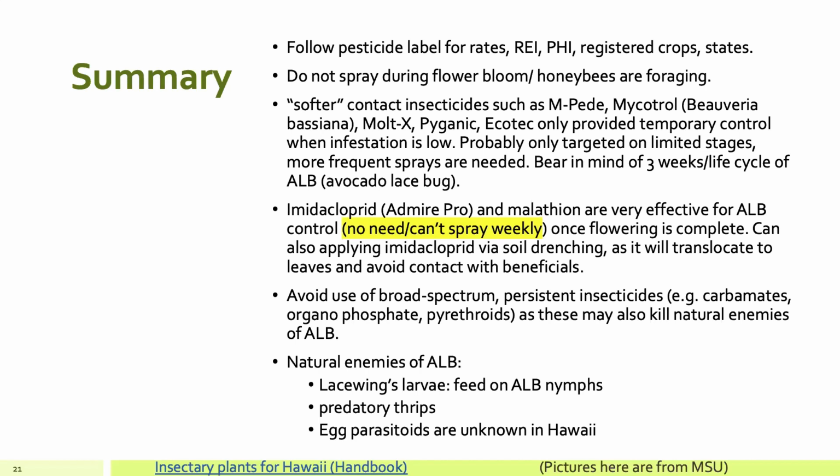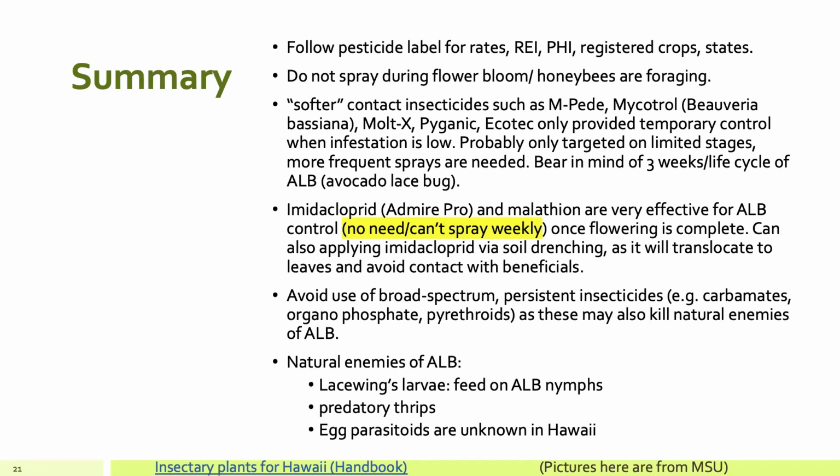That made it easier for scheduling a rotation. If you went with an Admire Pro application in a soil drench, you would have one application per year versus a foliar application, which I believe was 4 applications a year. So it allows for extended control if you do the foliar application, but sometimes it's hard to apply pesticides foliar.